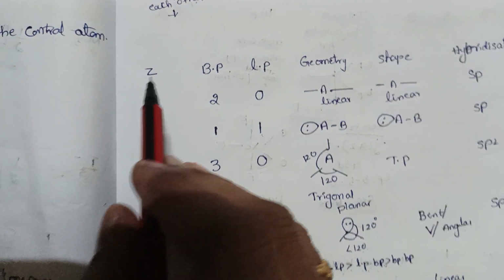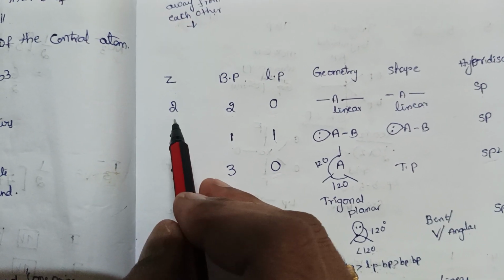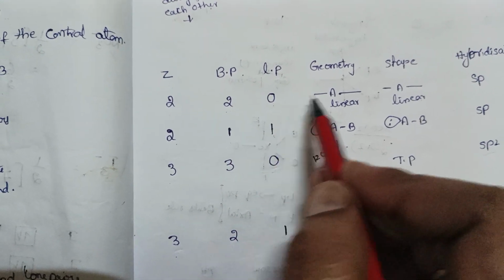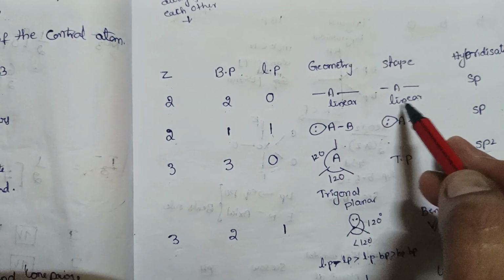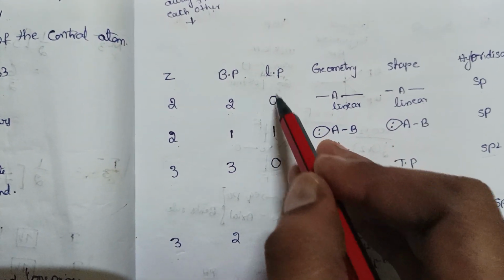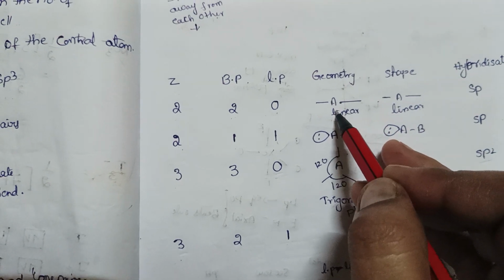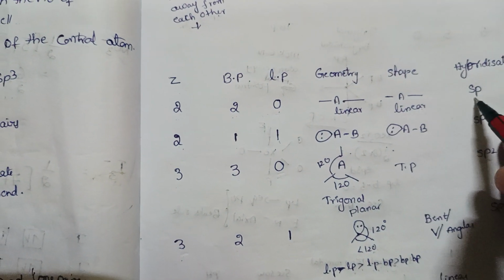If the Z value is 2, with 2 bond pairs and 0 lone pairs, the geometry is linear and the shape is also linear, because no lone pairs are present. The shape equals the geometry, and the hybridization is sp.